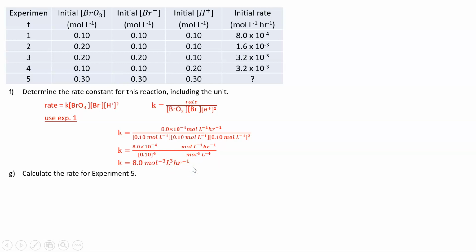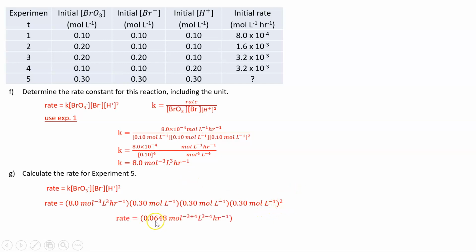And to calculate the rate for experiment 5, we're just going to be plugging it in. We're going to plug in all this information into the rate law we just figured out. 8.0 times moles to the negative third, liters cubed, inverse hours, times 0.30 moles inverse liters, times 0.30 moles inverse liters, times 0.30 moles inverse liters squared.